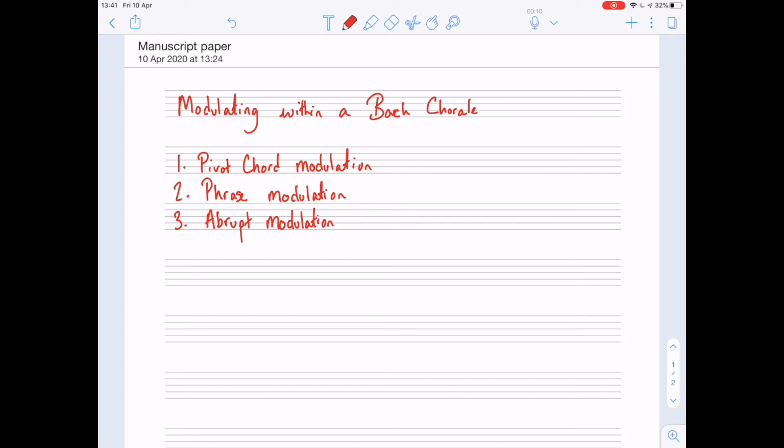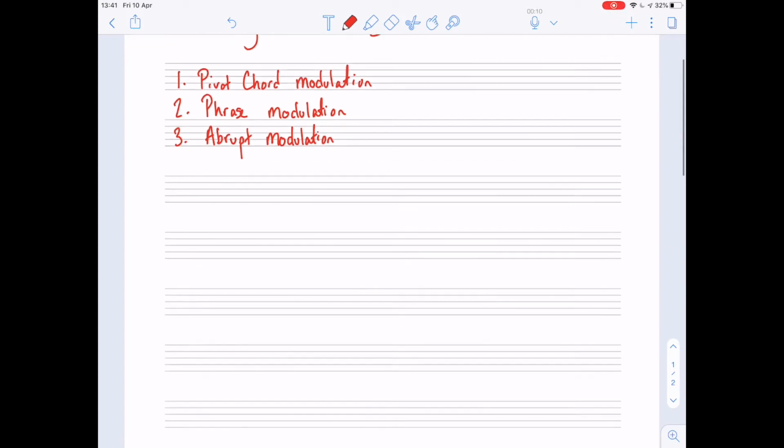Now pivot chords are really important to understand how they're used because they allow certain things to happen within your chorale. It allows a smooth change of key, and you need to make sure that your pivot chord belongs to both the key you're coming from and modulating to.